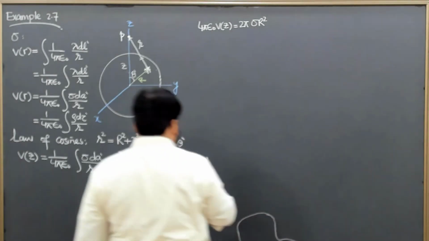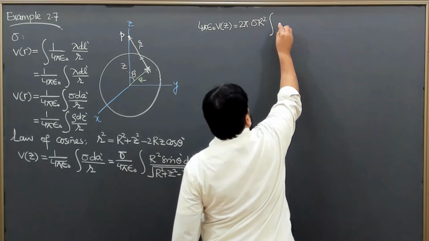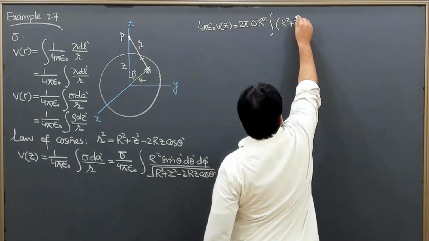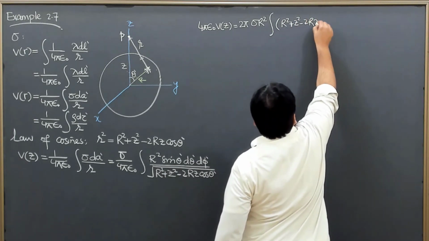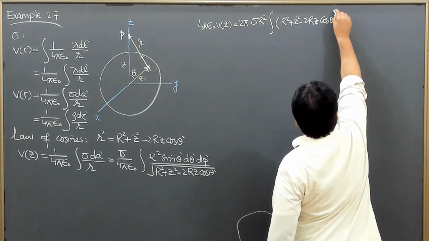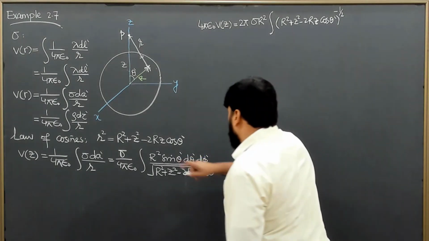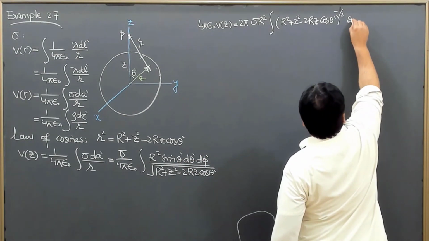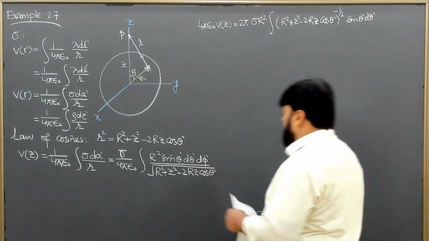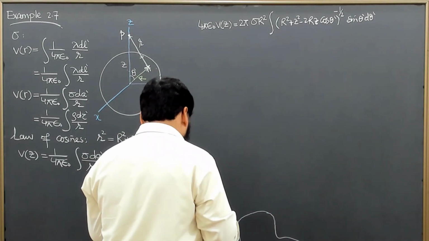If I move it up, then it will be the integral of (R squared plus Z squared minus 2RZ cos of the angle between R and Z) to the power minus 1/2, times sine theta prime d theta prime. So this is our integration. We will have to solve this integral.